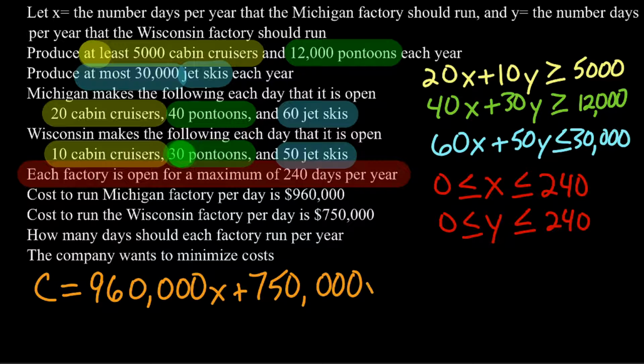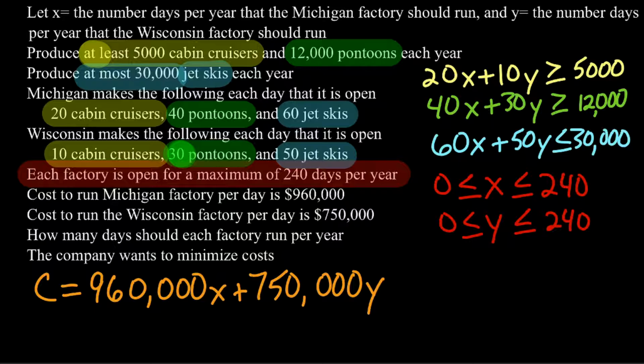And that is the total cost. And what we're trying to do is minimize this. So we're going to need to take this over, and I would recommend pausing and graphing those inequalities on the Desmos graphing calculator.